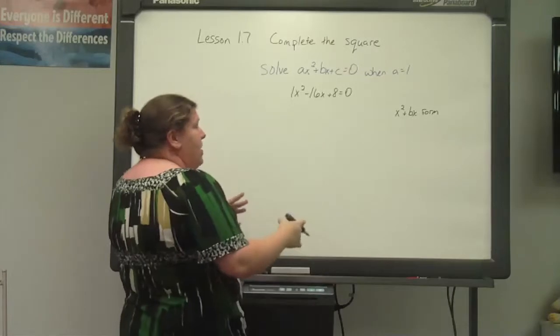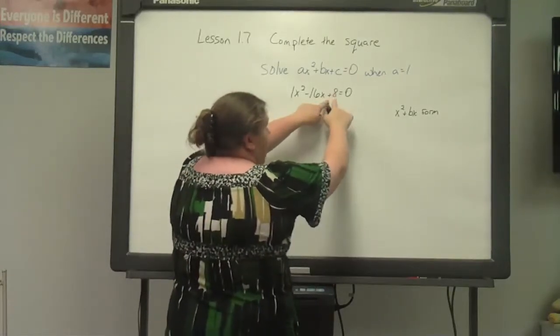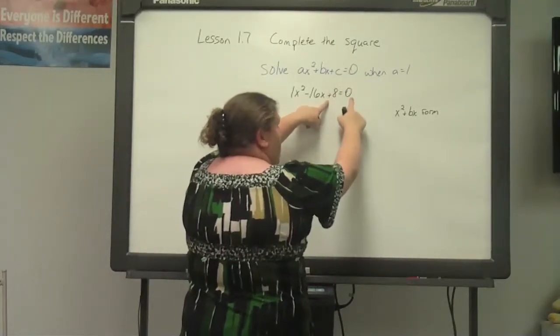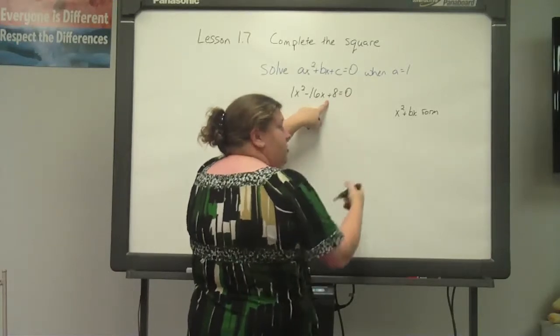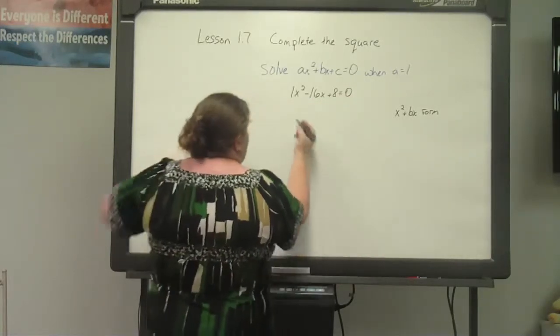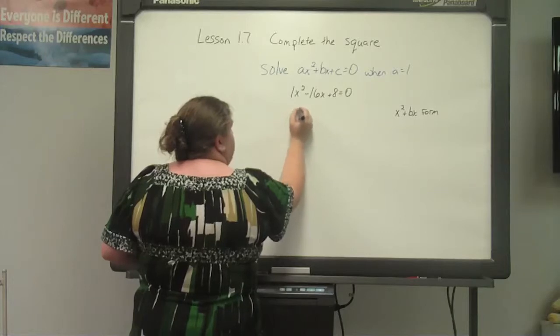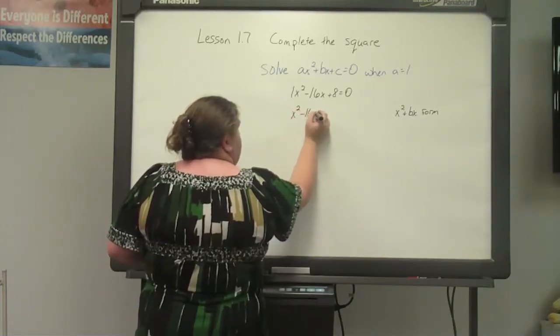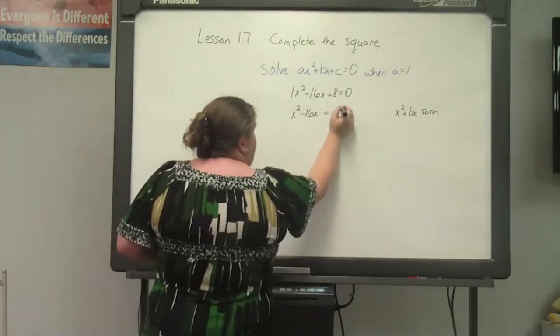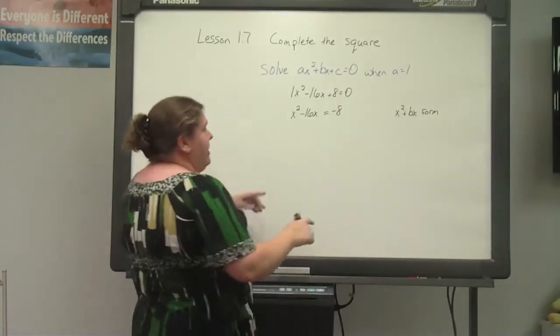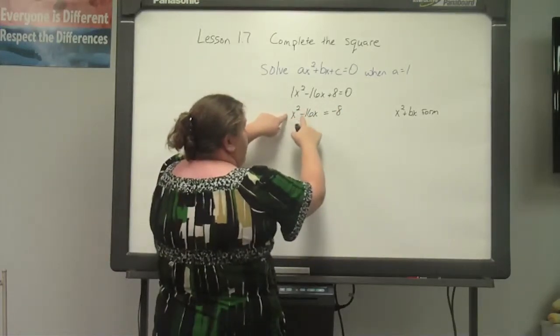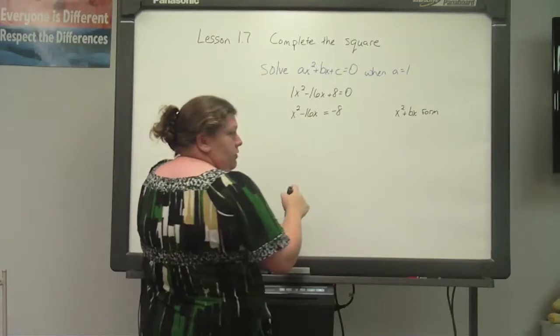In order to do that, we have to move our positive 8 to the other side of the equal sign, which means we change the operation. And so I'm going to go ahead and rewrite as x squared minus 16x equals a negative 8. Now I have it in x squared plus bx form.